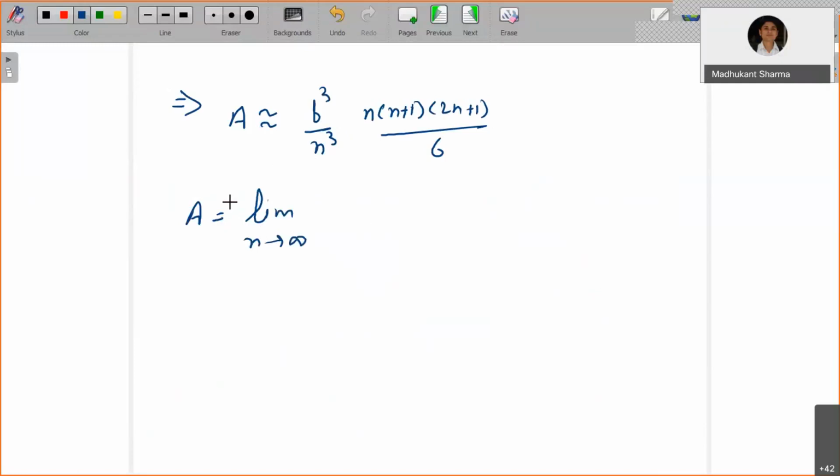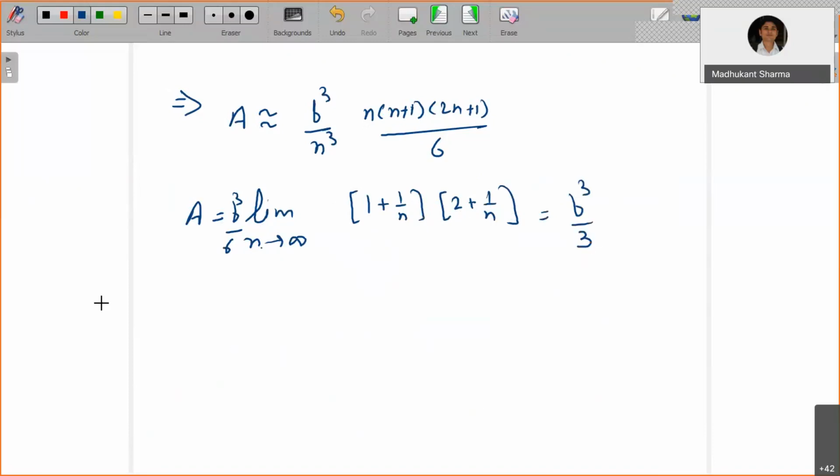So b cube by 6 comes out, and you can estimate the limit: you get 1 plus 1 by n times 2 plus 1 by n, where one of the n's is cancelled and n square and 2n are adjusted. Now, since this sequence converges to 1 and the other sequence converges to 2, the product of these two sequences also converges to 1 into 2. So that is going to be b cube by 3.